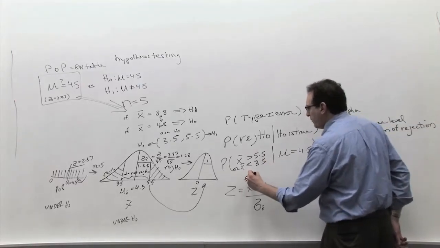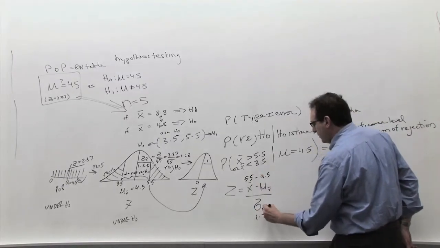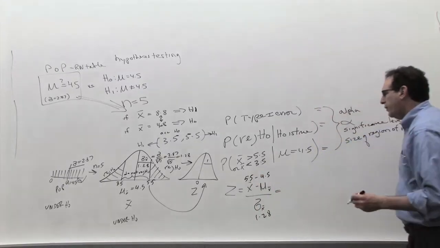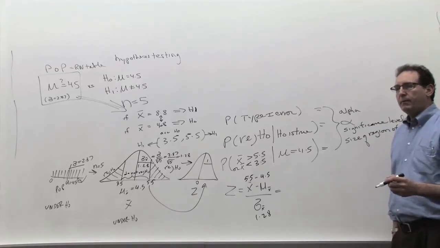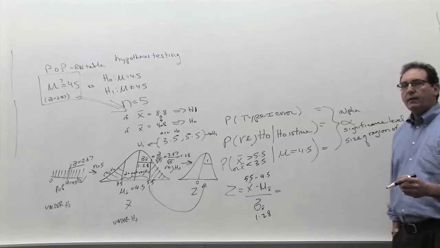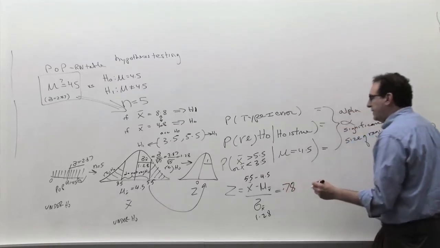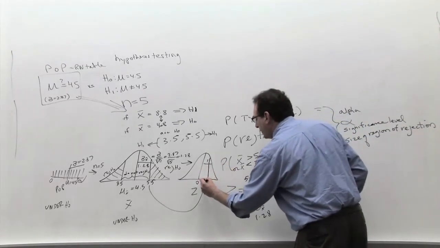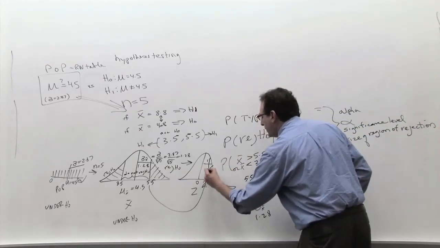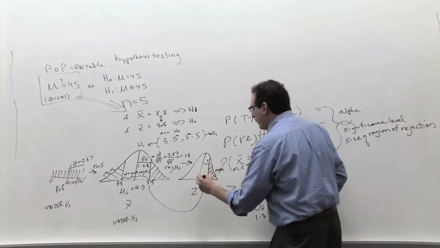Let's do 5.5 first: 5.5 minus 4.5 over 1.28, which equals 1 over 1.28, we said it was 0.70 something last time, what did we say? 0.78, thank you. And 0.78 is where on the diagram? Well, it's about 3/4 away, which is around here. This becomes the reject region when you translate it to the Z diagram.